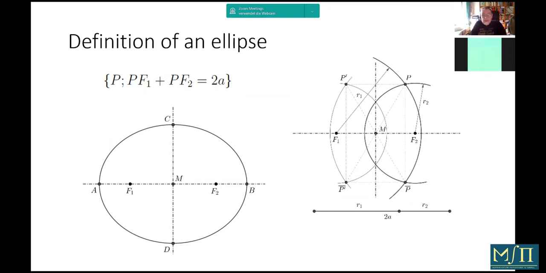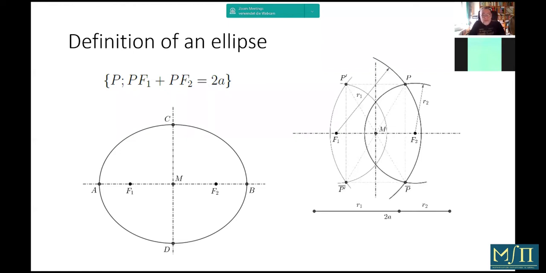If we consider the distances of such a point A from F1 and F2, the sum of the distances from A to F1 and F2 is then equal to the sum of the distances from A to F2 and from B to F2, because the distance from B to F2 is the same as the distance from A to F1. And therefore, since the whole distance from A to B is also equal to 2a, A must have the same property as we require of all the points of the curve, and the same, of course, holds for B.